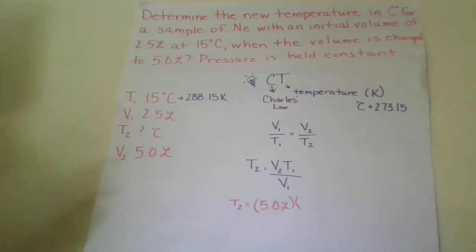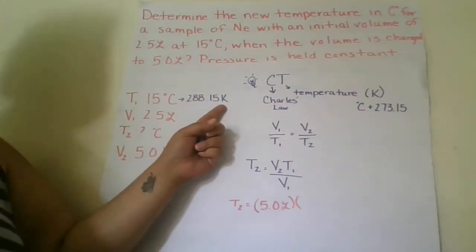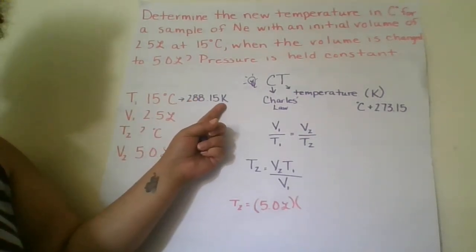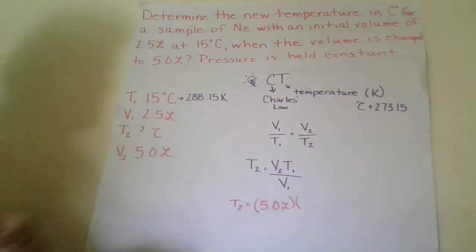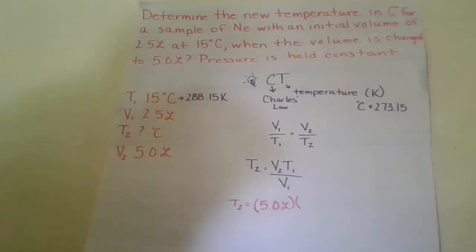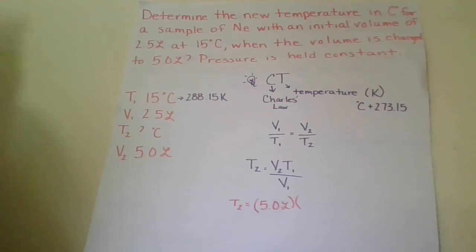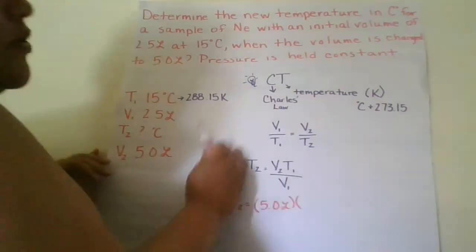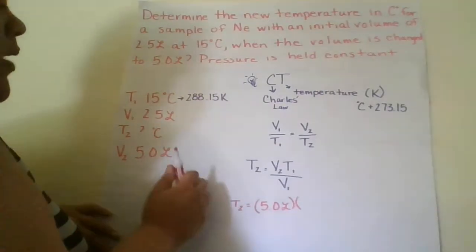Kelvin is the standard unit of temperature for gas laws. Okay? So we're going to make sure that we change anything that's centigrade into Kelvin prior to working the problem out, or at least catch it during the working out of the problem.